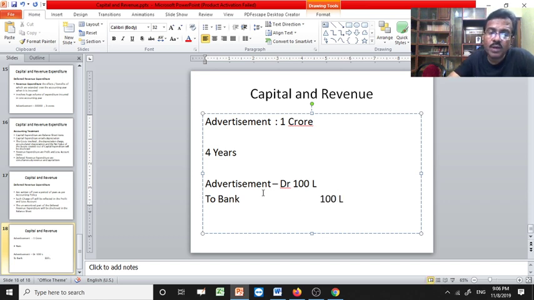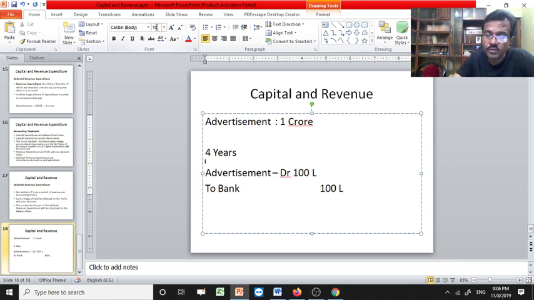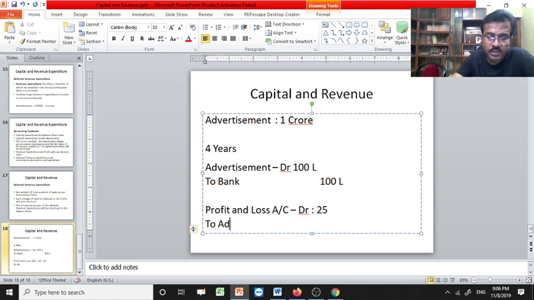So according to the marketing team, the effect of this is going to be 4 years. So in this year, you are going to debit profit and loss account to the extent of 25, and advertisement will be credited to the extent of 25 also.